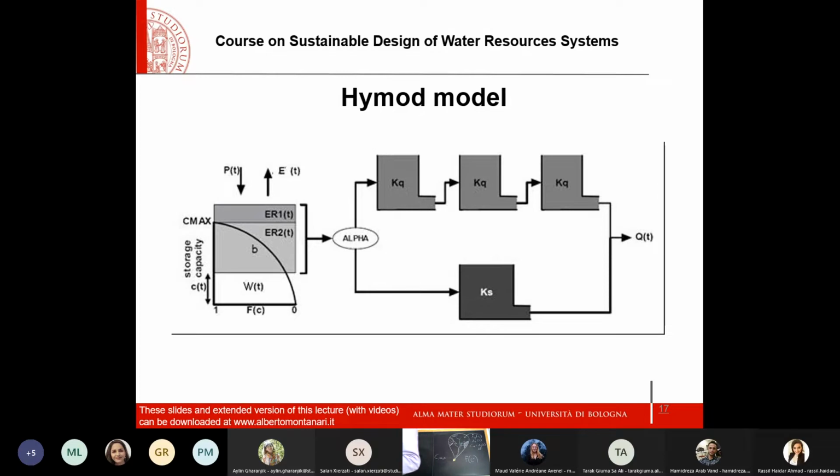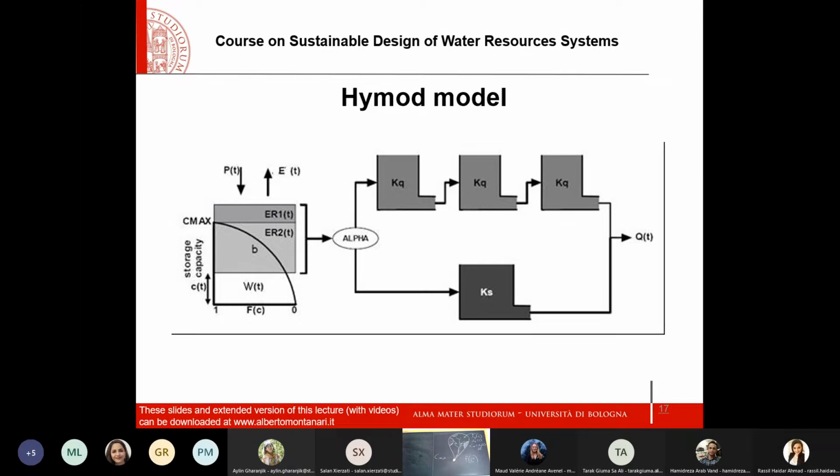What you see in the left, the graph on the left, is precisely the graph that I proposed to you before, but it is turned around. So there is FC in the horizontal axis and CT in the vertical axis. So if you mirror it, you get what I proposed to you before.